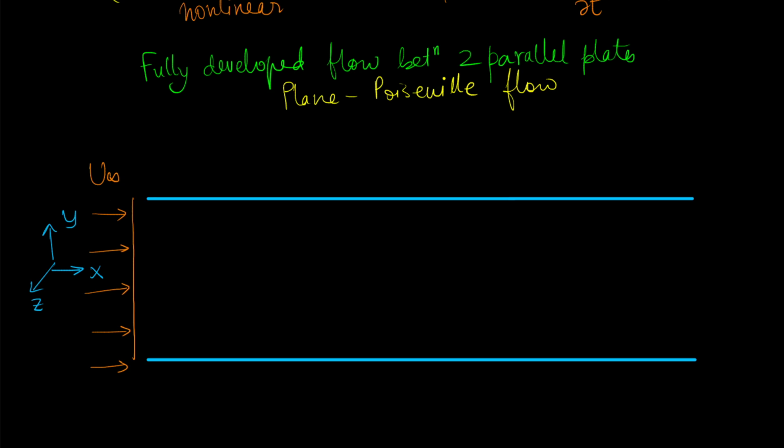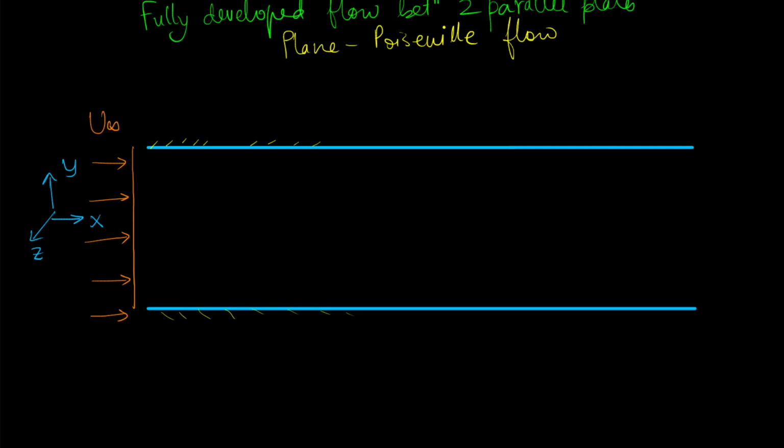So let us see what happens when such a uniform flow hits a set of parallel plates infinitely long in the z direction. Let the gap between the two plates be 2h, so that from the center line the walls are located at y equal to plus minus h. So this is y equal to h and this is y equal to minus h.